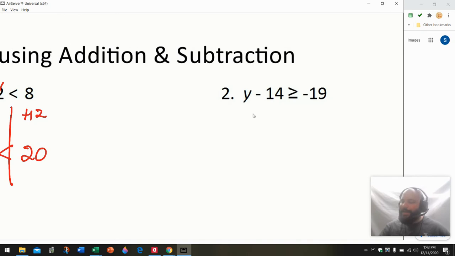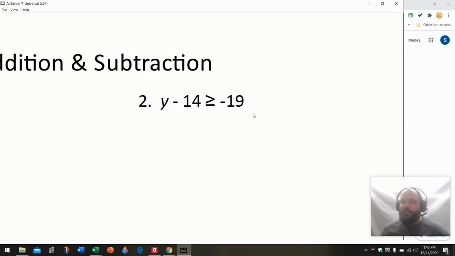Now, what you're going to find is these are very, very similar to solving equations. There's only one additional step, which I will show you here in a second when it comes up. But for adding and subtracting, these are done exactly the same as you would if you were solving an equation. So I'm going to draw a line again where the inequality sign is. I'm going to look at my variable. I'm going to decide what is happening to the variable. In this case, it is being subtracted by 14.